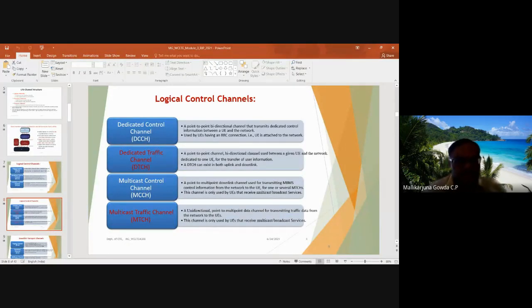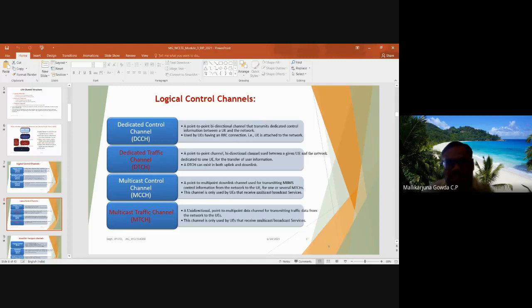Okay, and the next logical control channel is the multicast control channel, which is denoted as MCCH in short. I said it is a point to multi-point downlink channel used for transmitting MBMS control information, that is multimedia broadcast service control information, from the network to the user equipment for one or several MTCH, that is multicast traffic channels.